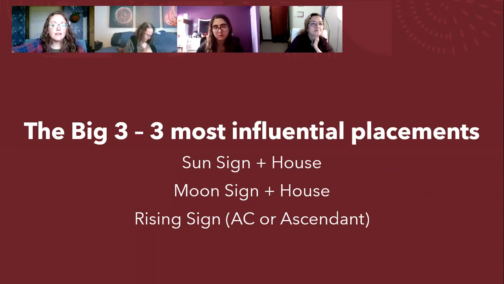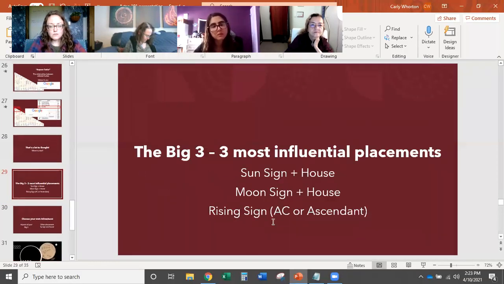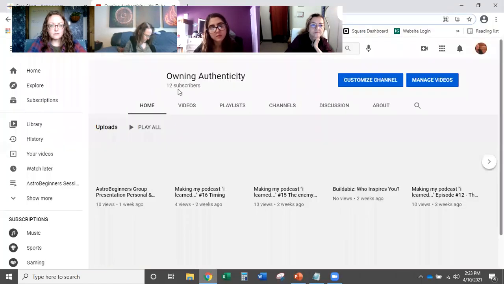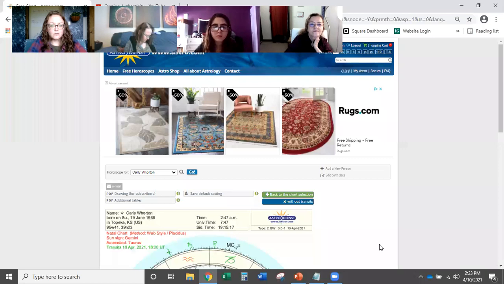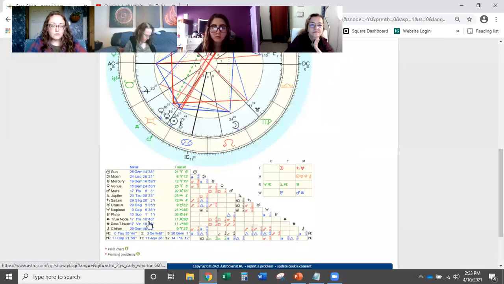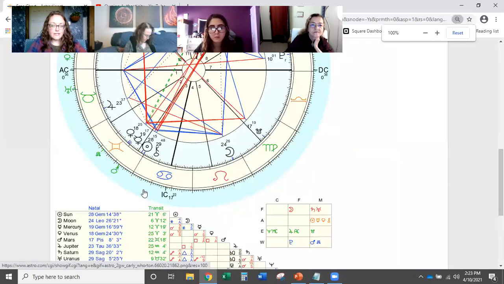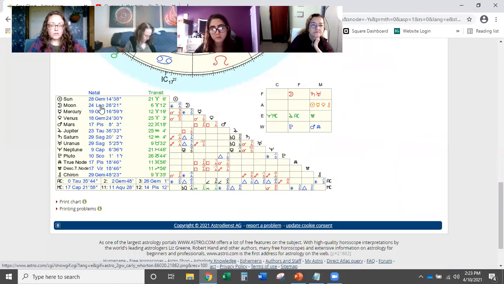Going back to this table, that's what that's telling you. You look for wherever the moon is and then scroll across to the natal listing.